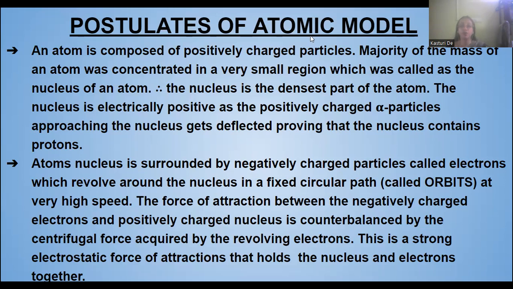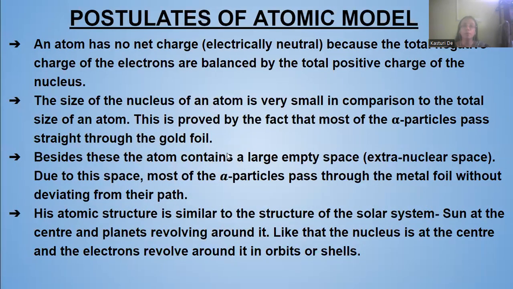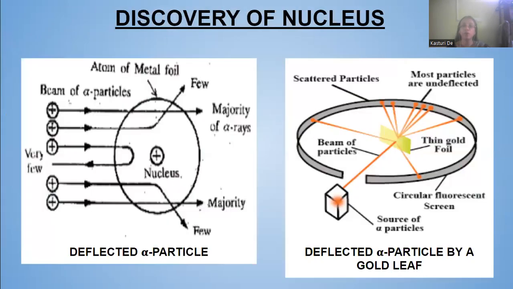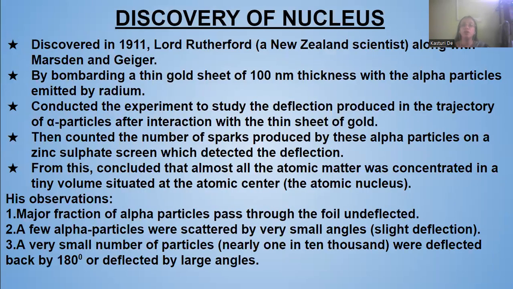So in my last video, I told you about the atomic model which was given by Rutherford. Rutherford, along with Marsden and Geiger, bombarded a thin sheet of gold of 100 nanometer thickness with alpha particles emitted by radium.